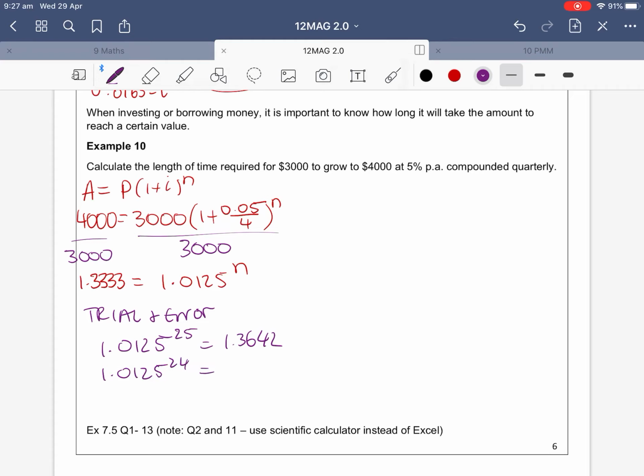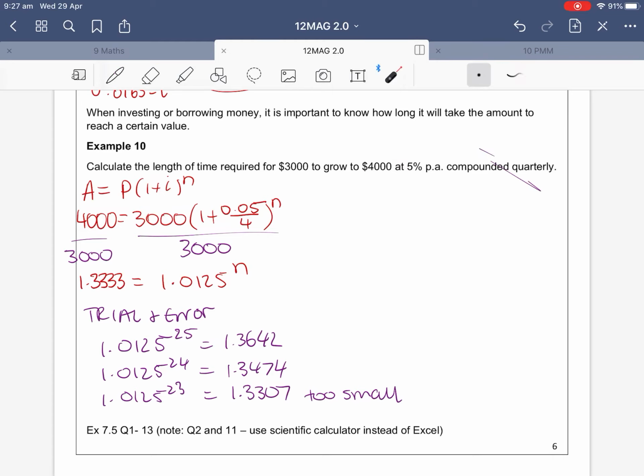I then did 1.0125 to the power of 24, and I got 1.3474, too big. And then I did 1.0125 to the power of 23, and I got 1.3307, too small.